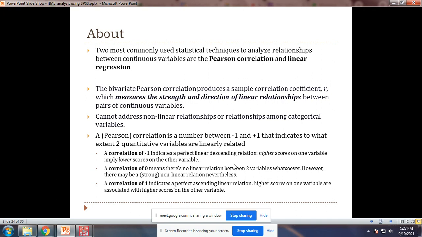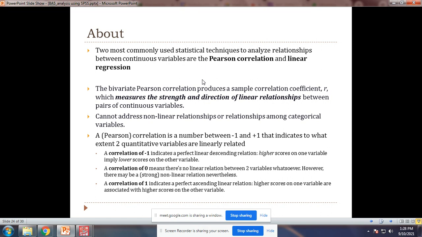And 0 means there is no relationship, or we can also say that the relationship between the variables is non-linear. Rather than saying no relationship, there exists some relationship, but the thing is that it is not linear. It will be non-linear if the correlation value is coming as 0.